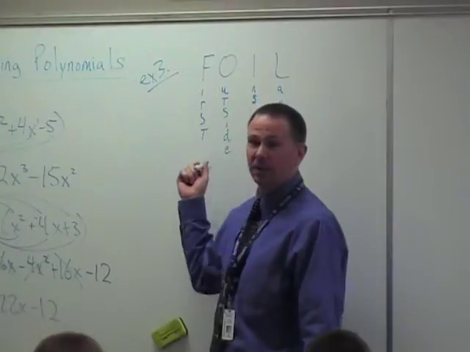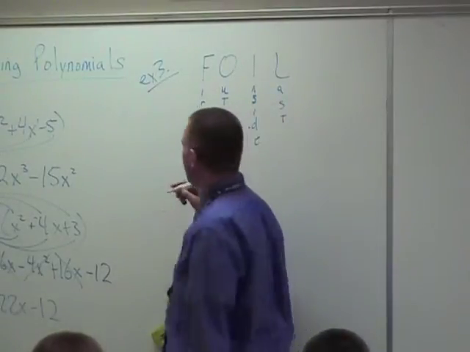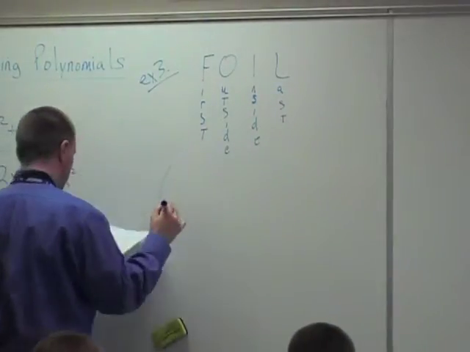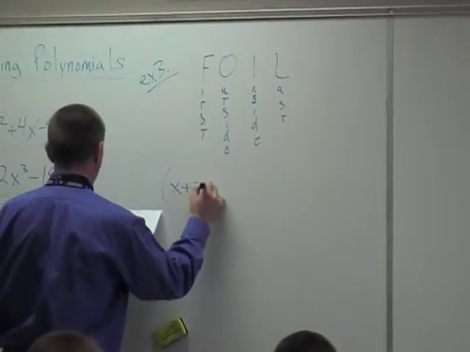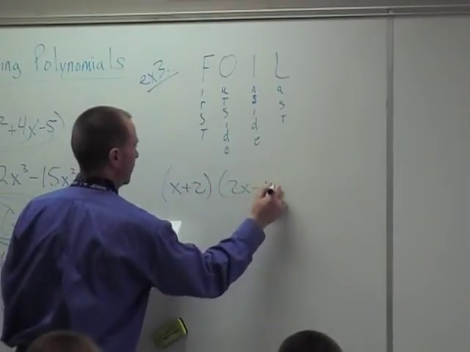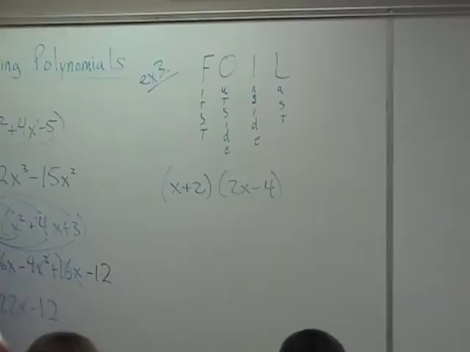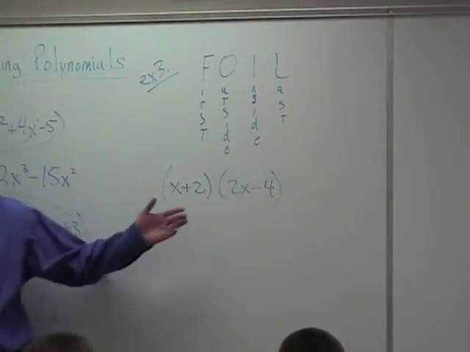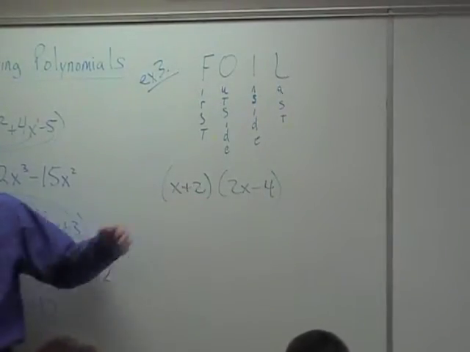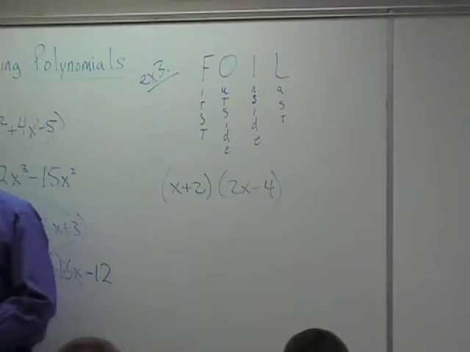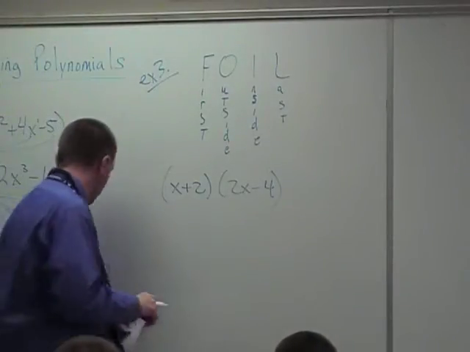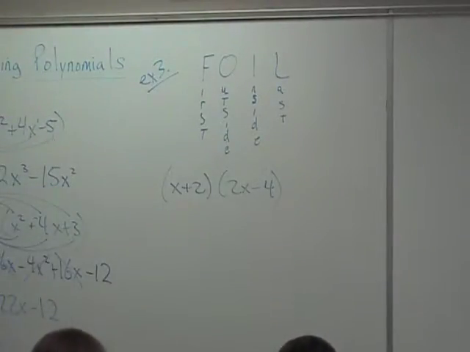It only works with two binomials. So we're going to do two binomials here. We'll do x plus 2 and 2x minus 4. The first thing I want you to do is figure this out based on what we did in example 2. Everybody work on that, and then I'll show you what FOIL is.